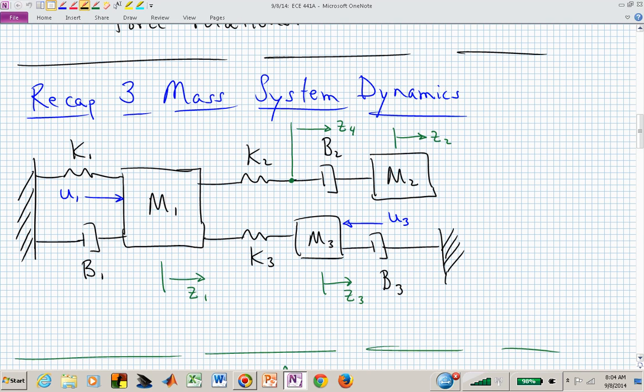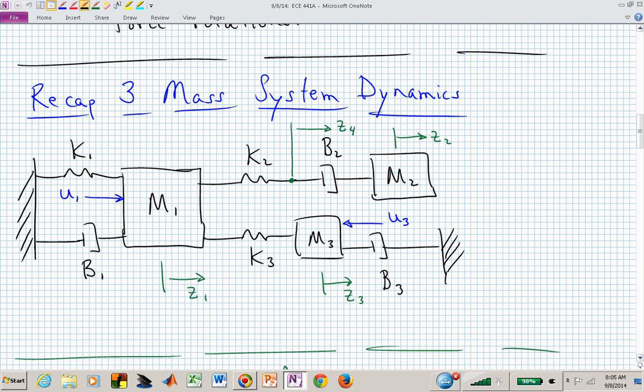Now, keep in mind when you're writing these equations later, what's happening relative to these different elements. A spring and dashpot have two ends. In some cases, for example B sub 3, this dashpot is fixed on the right, meaning it only has one end that you need to keep track of in terms of its force.